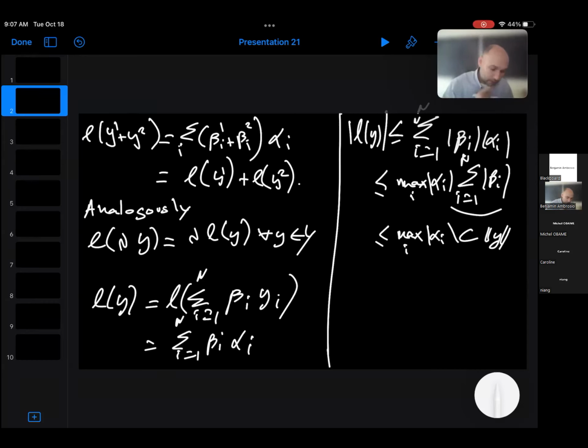So L is bounded. And so now I can apply some of the results that we did in chapter 1, section 1.